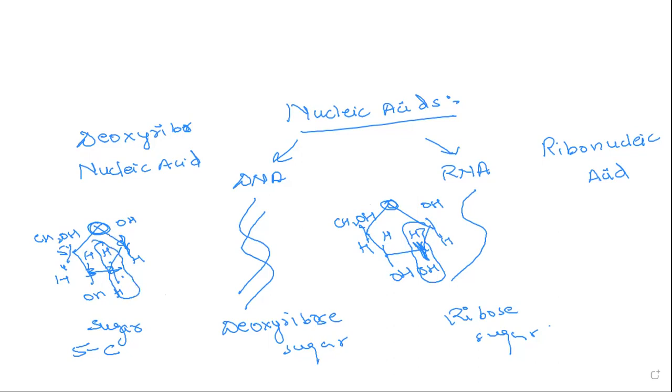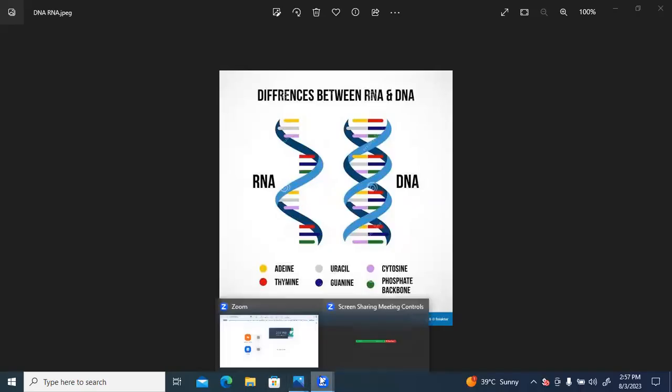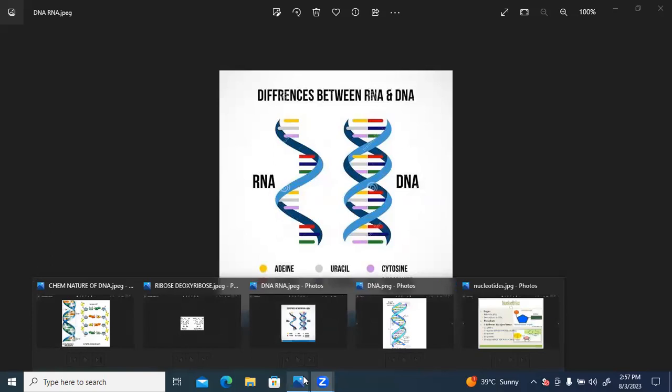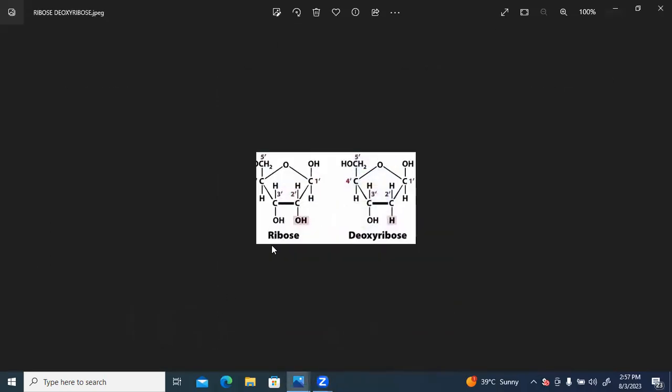I'll show you a picture for this. So here we can see ribose sugar. See, ribose sugar has OH and H on carbon 1. Deoxyribose also has the same structure. Carbon 3 will have the same structure. Carbon 4 and 5 also have the same structure.